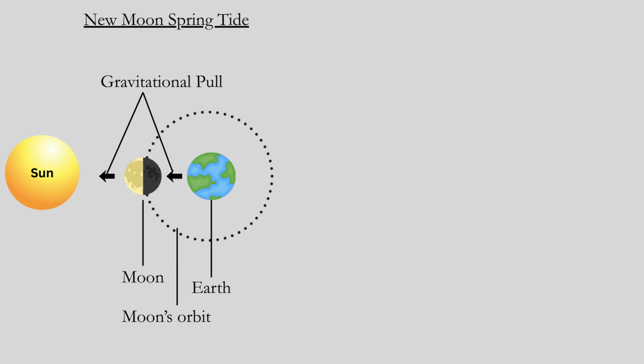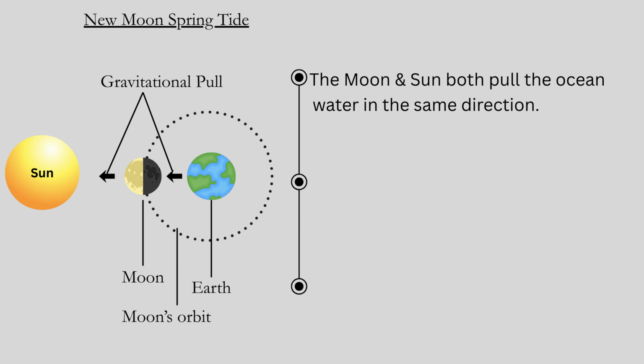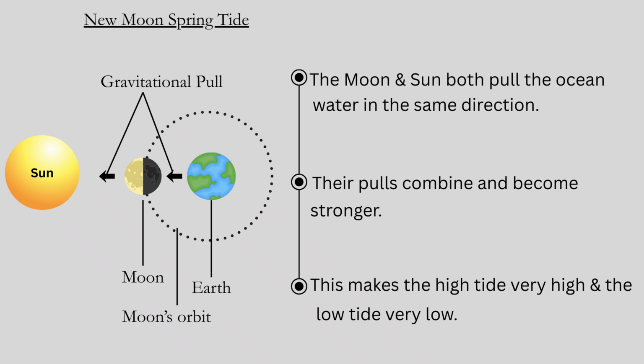A new moon spring tide happens when the moon and the sun are in a straight line on the same side of the earth. The moon and sun both pull the ocean water in the same direction. Their pulls combine and become stronger. This makes the high tide very high and the low tide very low.